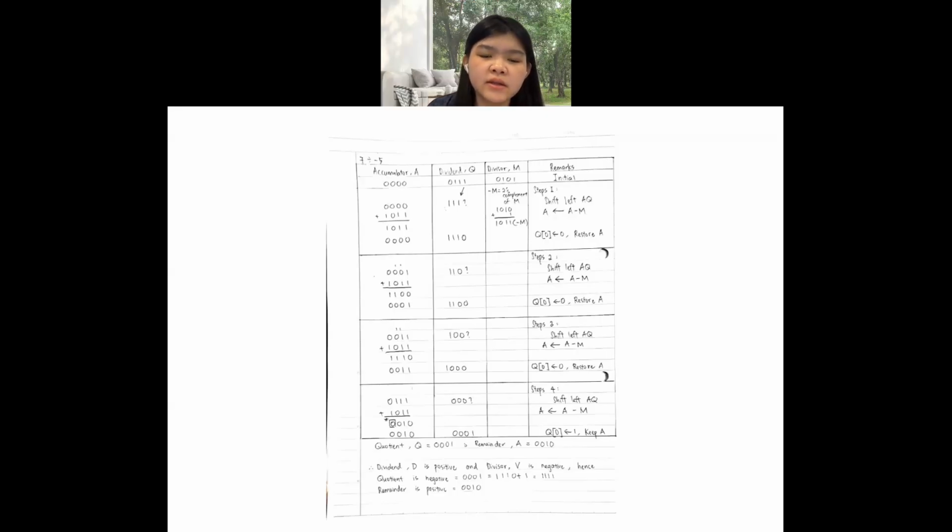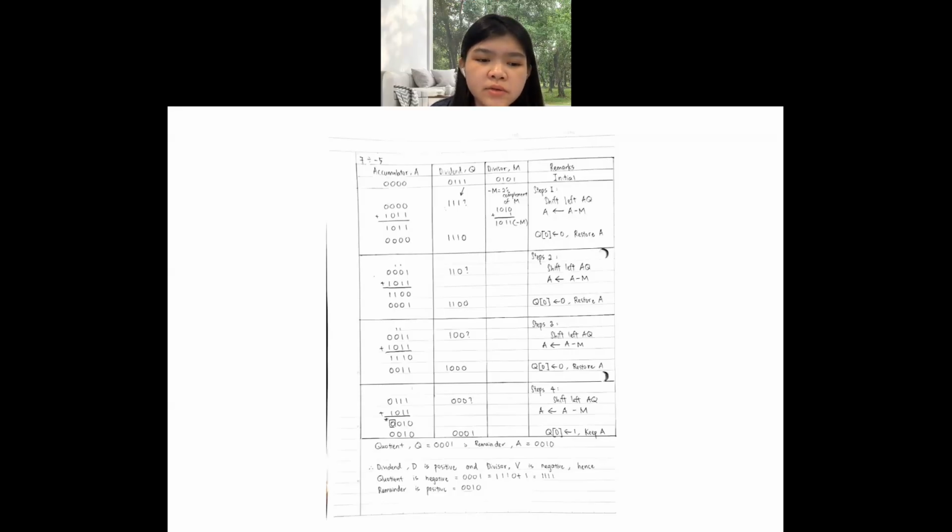After that, we need to do A minus M and insert the value into A. So A minus M is equal to A plus negative M. As we already have negative M, we put that into the solution, and we get 1011. Since the sign of the accumulator is 1, we put the 0 into the Q, which becomes 1110, and we restore A again.